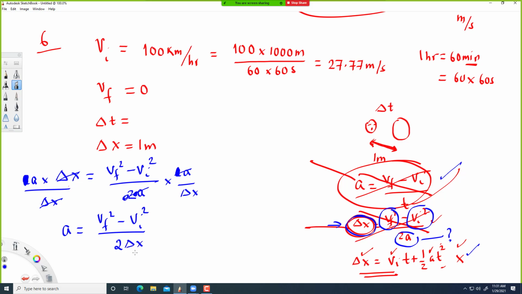I'm just rearranging the terms. You can do that because it's simple algebra.